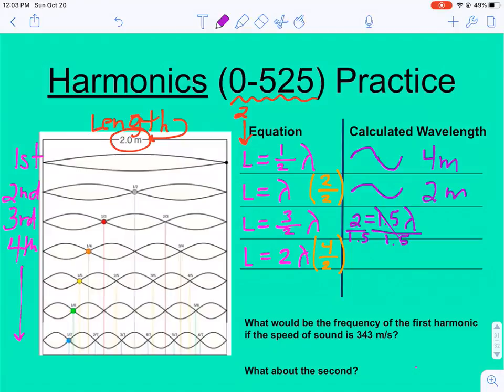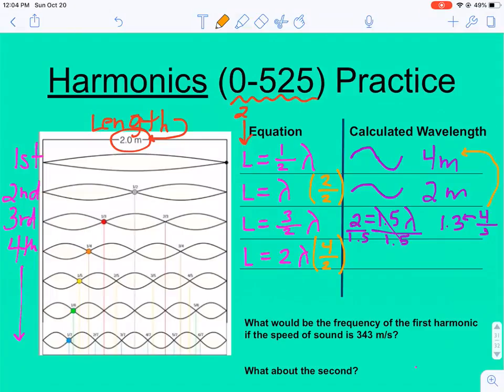If I plug that into a calculator, 2 divided by 1.5 is 1.3. Now, if I also type in my calculator 4 divided by 3, that's the same, right? And 4 was the original wavelength.